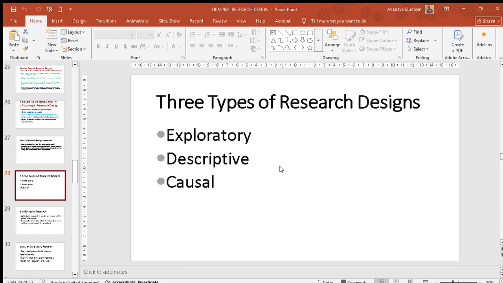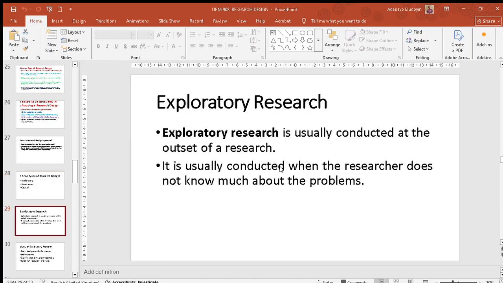Now we start from exploratory research. We actually see exploratory research as a kind of outset of a research. You want to conduct a research, and you don't have much information about the problem you want to explore.